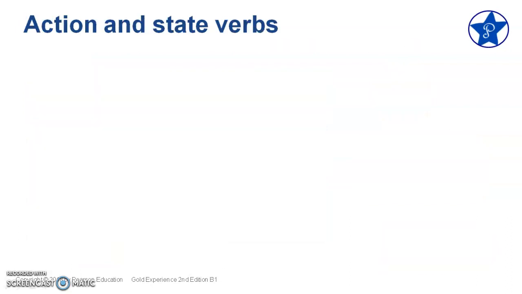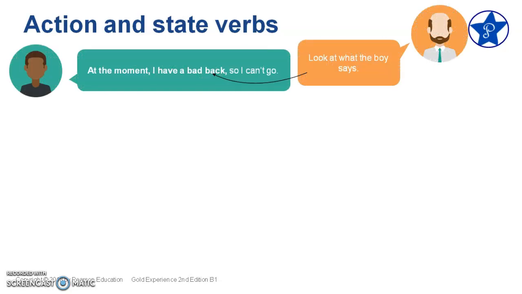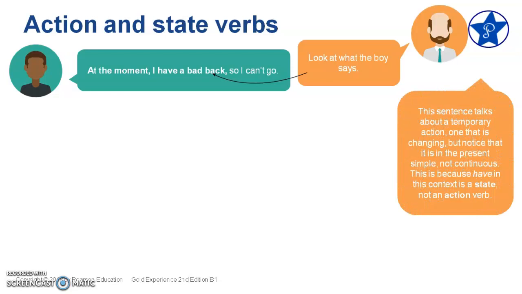Let's have a look at action and state verbs. Look at what the boy says. This sentence talks about a temporary action, one that is changing. But notice that it is in the present simple, not continuous.